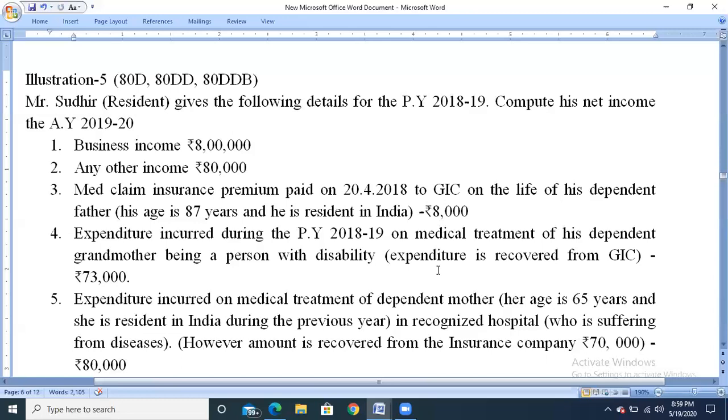And if the family member is more than 60 years, that is a senior citizen, and is a resident in India, up to 1 lakh rupees they can claim the exemption. But if the family member is a senior citizen but not a resident in India, up to 40,000 only he can claim the exemption.